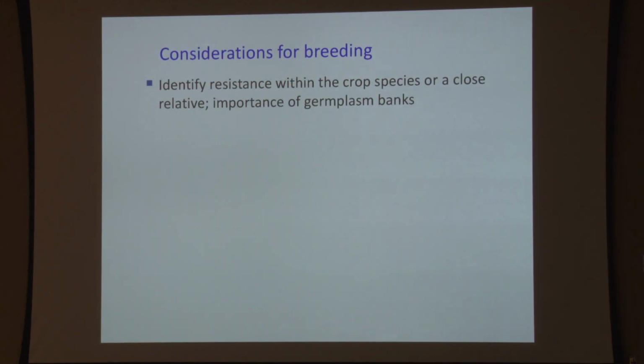So some considerations for breeding. First of all, resistance has to be identified either within the crop species, that would be ideal, or a close relative. The close relative is sometimes problematic. There might be barriers in fertility or different ploidy levels, etc. But I think the importance of germplasm banks can't be overstated.